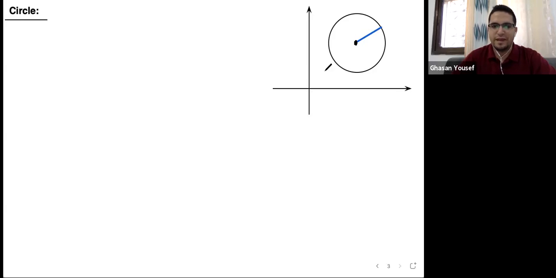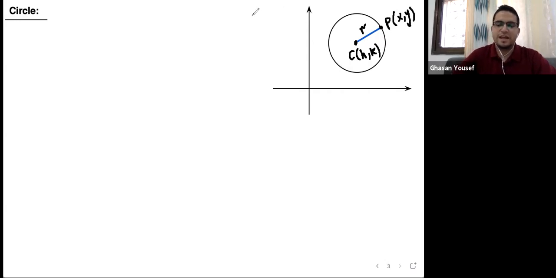I'm going to give you a hint. To find the equation of any circle, we need only two things. The first thing is the center, C of h comma k. And also, we need the radius, r. The radius is the distance from C to this point, called P, x comma y.